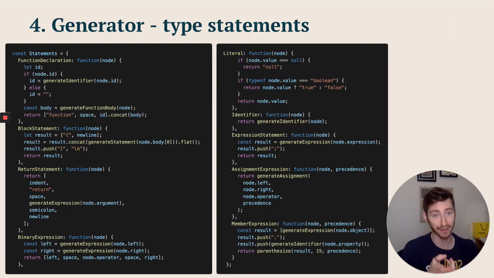So on to the second type of code that we've got in our compiler, which is the type statements. This is an object holding functions which are tied to the AST node type. Each contains the logic necessary to process that AST node type and produce source code. So they're very important. For example, for a function declaration, as you can see at the top, it contains all possible variations of arguments, identifiers, logic, and return types. And there is a level of recursion that is common here.